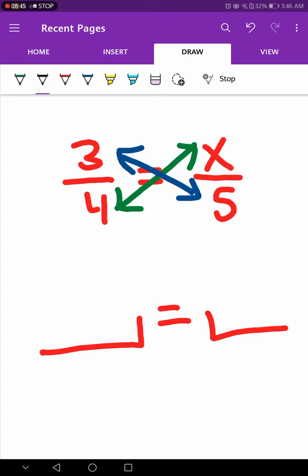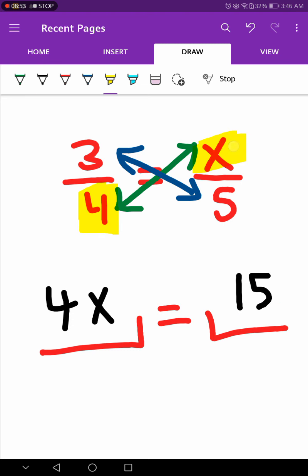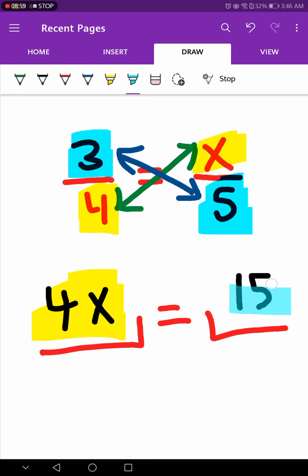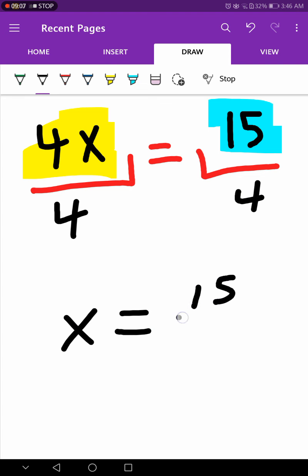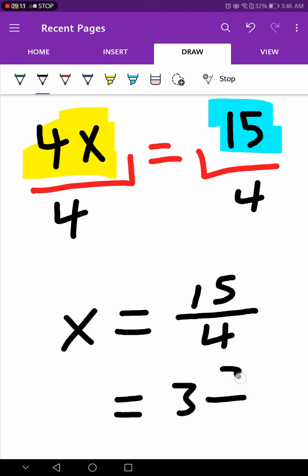We do 4x, and we put here 15. From where do I get the 4x? 4 multiply x. It is here. From where do I get the 15? 5 multiply 3. It is here. Now I divide by 4, x equals 15 over 4, which equals 3 and 3 over 4.